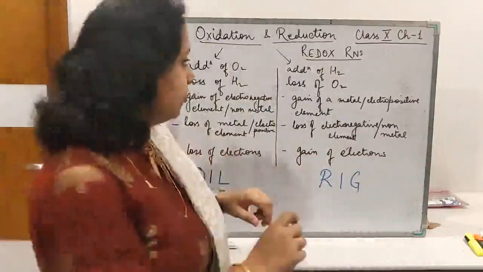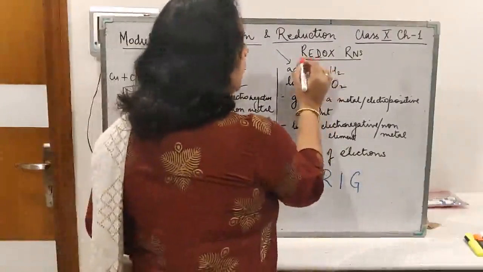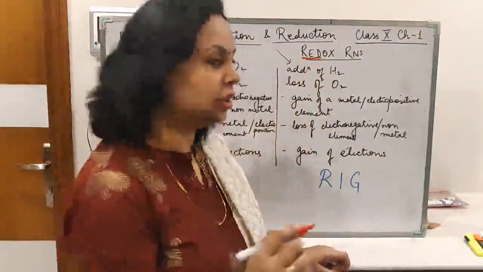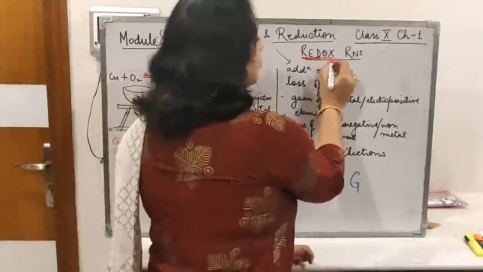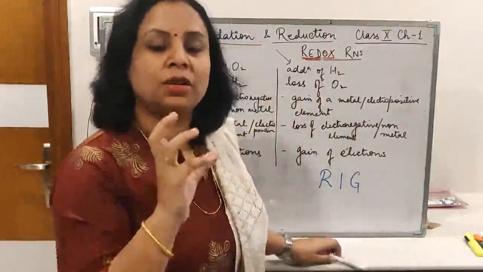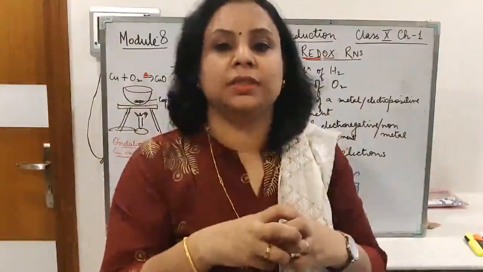The word redox is made up of two parts: red, which comes from reduction, and ox, which comes from oxidation. So basically redox means combination of reduction and oxidation.